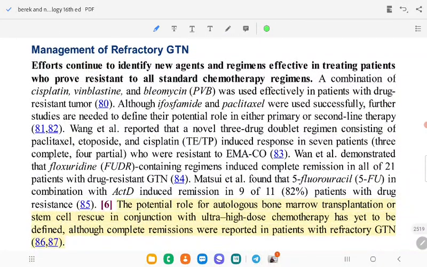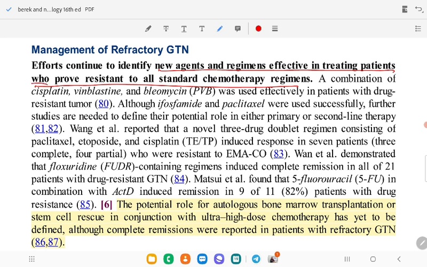For management of refractory disease, continue to identify new agents and regimens effective in the group resistant to all standard therapy. A combination of cisplatin, vinblastine and bleomycin, the PVB regimen, or other drugs such as fluorouracil can be used.